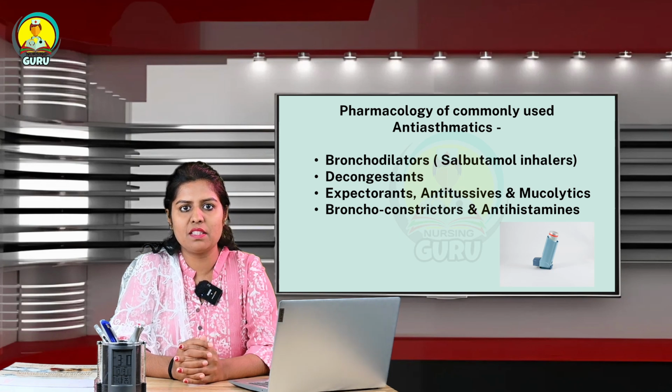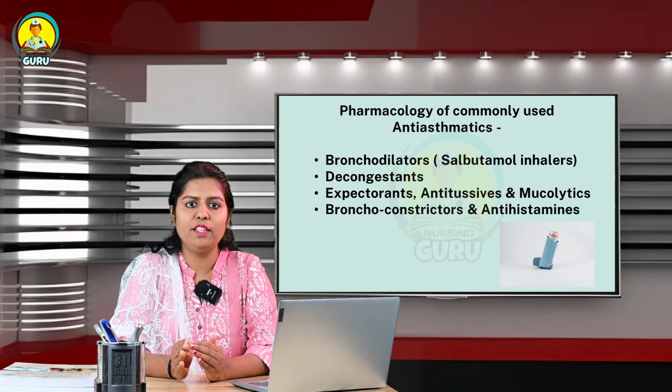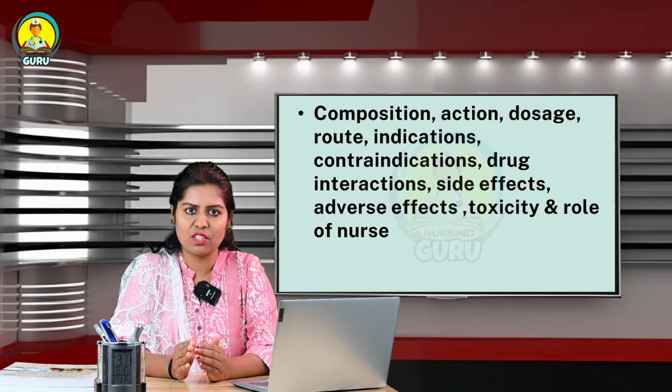Then next, decongestants, expectorants, antitussives and mucolytics. Next, bronchoconstrictors and antihistamines. Antihistamines are also very important questions. They will ask for 2 marks. Whatever drugs you write, you need to write the composition, action, dosage, route, indications, contraindications, drug interactions, side effects, adverse effects, toxicity and role of nurse. This you must include in all the drugs.